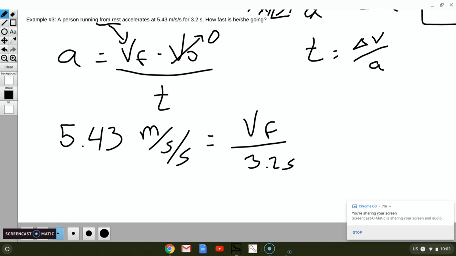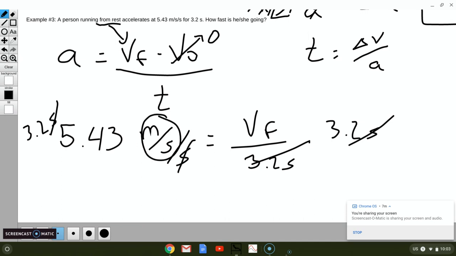So I'm going to solve for VF. Multiply this side by 3.2 seconds, kill one of the seconds, and what's left alive is meters per second. Well, that's a how fast. So now it's just 3.2 times 5.43. And I get a final velocity of 17.4 meters per second. Okay.